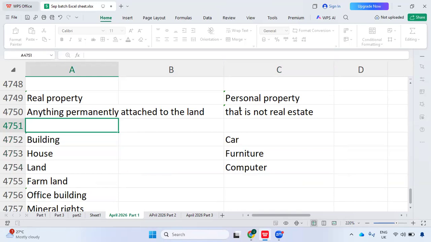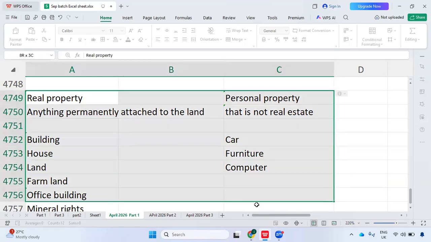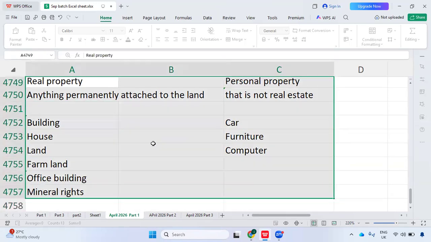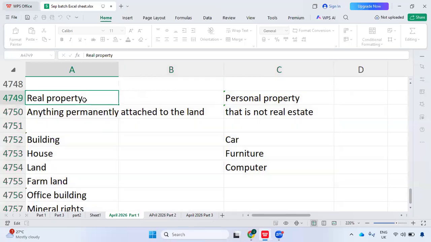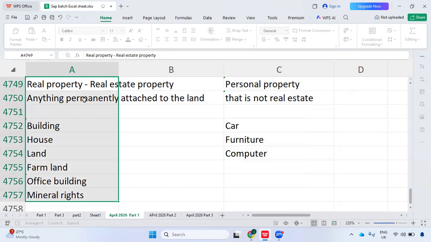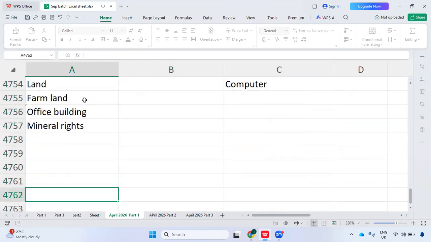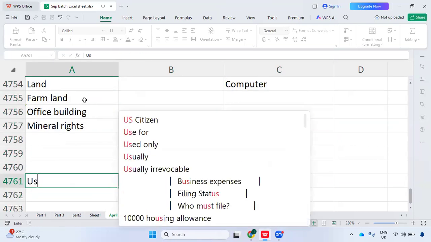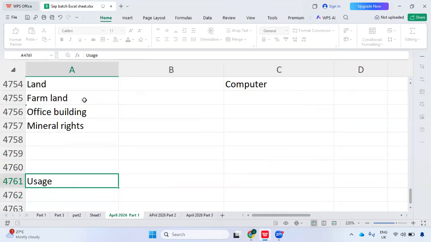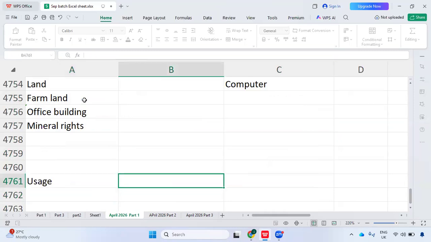Now we have classified properties into two categories. One is real property, which is nothing but real estate property. Based on use, we can again classify properties into three categories.